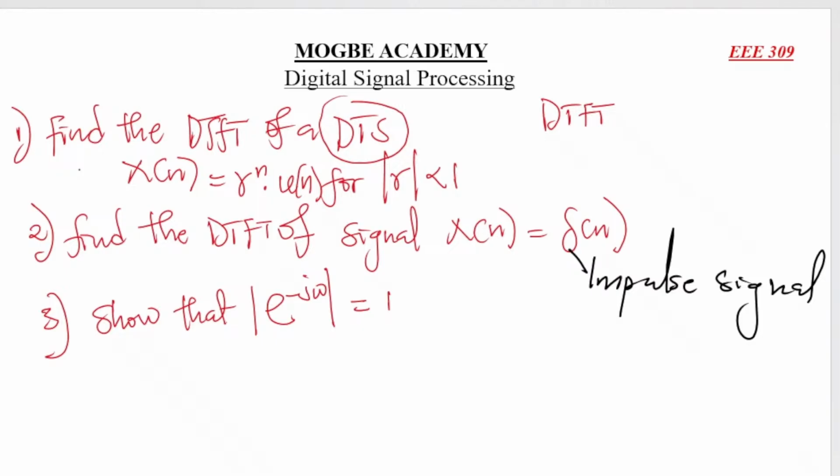Are we together? Now taking our question 2, if we are asked that x of n will be equal to our impulse signal when we apply our DTFT. So you should know that if x of n is equal to your standard signal, which is an impulse signal, what will be the concept behind your frequency domain, or what will be the answer for your frequency domain? That should be playing in your mind, right?